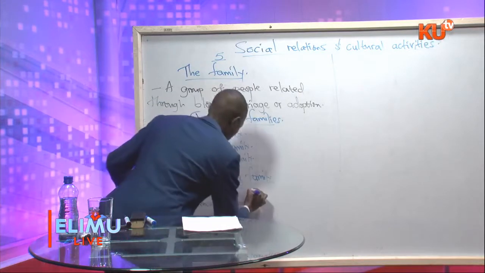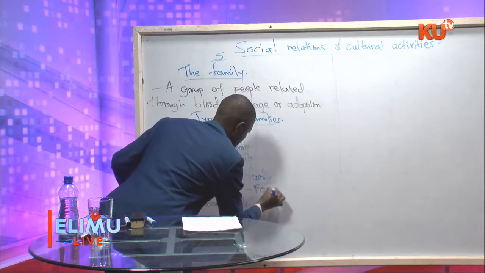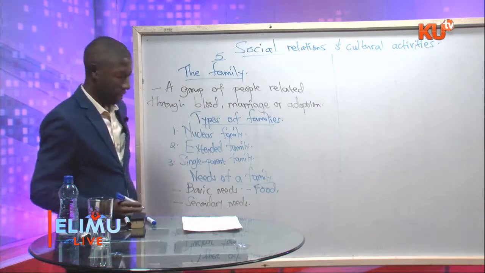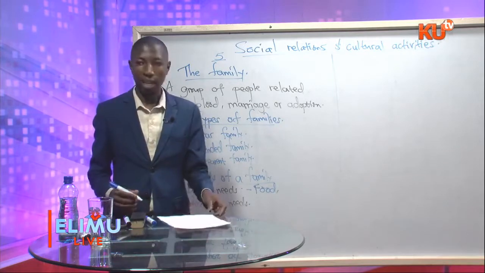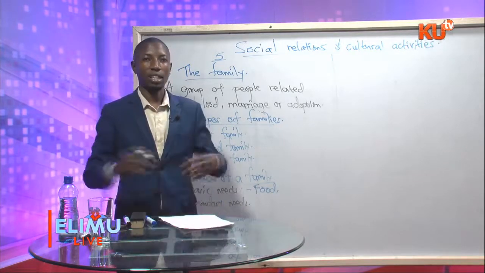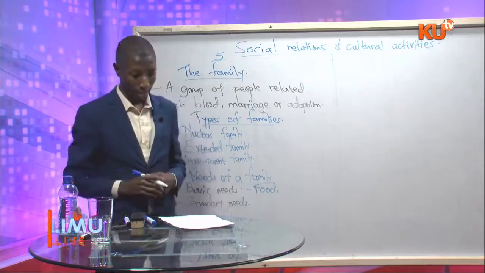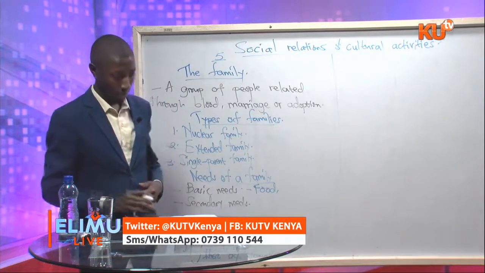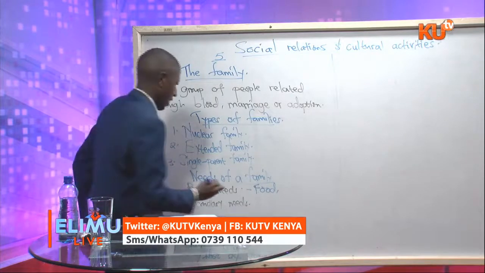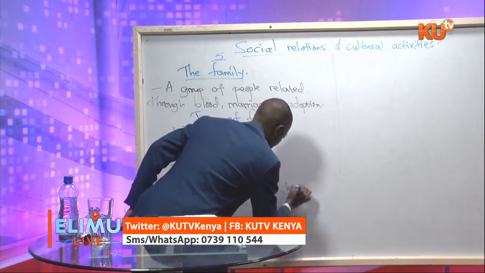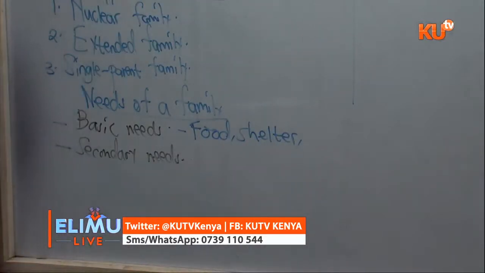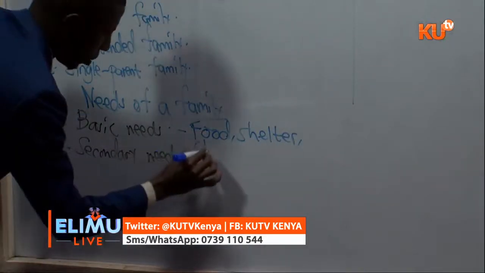First is food. And this period of the COVID-19 is making people realize the basic needs, because those are the only things that you need right now. When you are indoors, you need food. You need shelter. Then you need clothing.